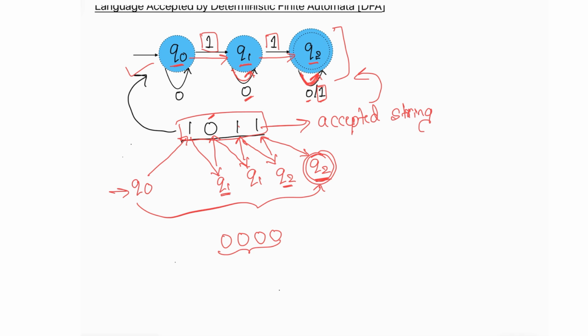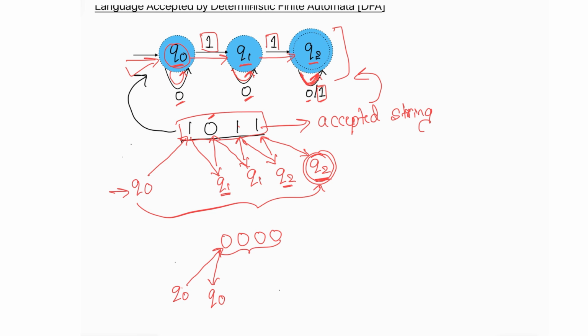The machine will start from the start state Q naught. From this Q0 start state, it will parse the 0. From the Q0 state, the machine will take the self loop for the 0 input symbol, so it will remain in state Q0 only.